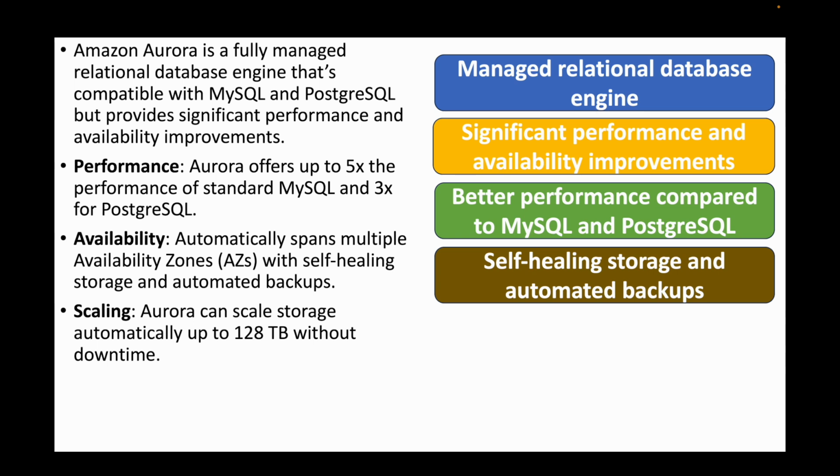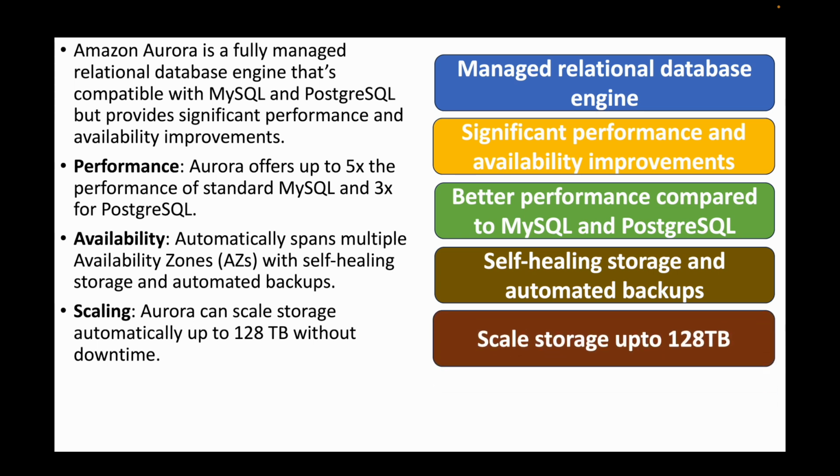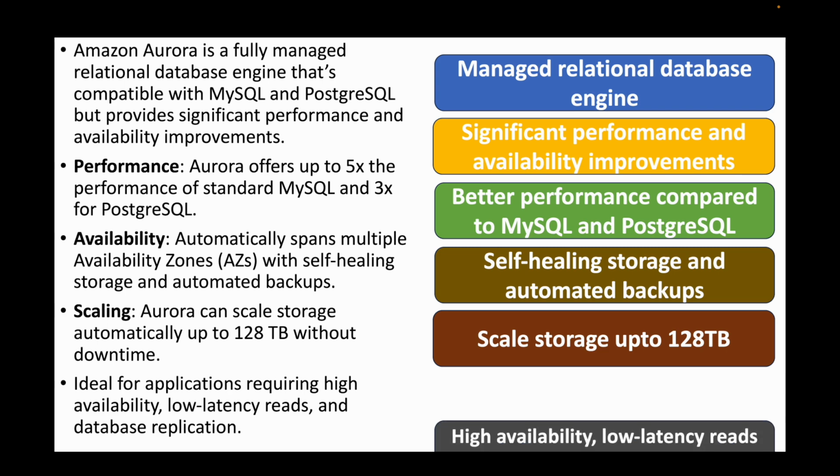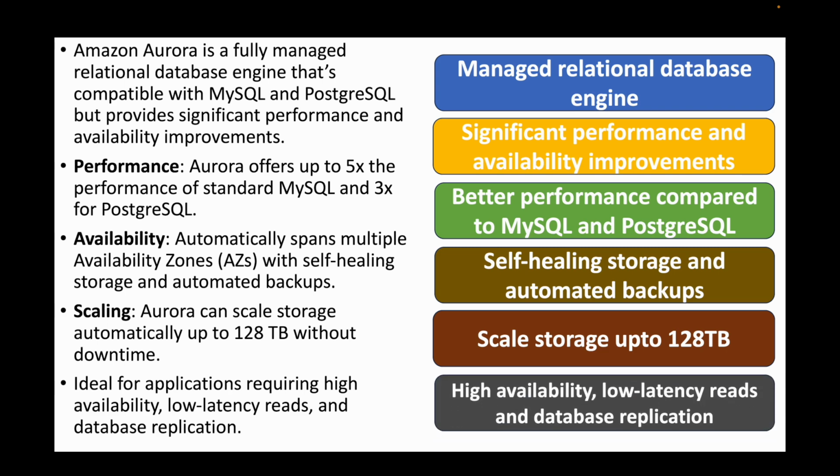It also provides scaling, so you can automatically scale your storage up to 128 terabytes without any downtime. This can be ideal for applications which require high availability, low latency reads, and database replication. Cost-wise, AWS says that it's much lesser compared to MySQL and PostgreSQL databases.